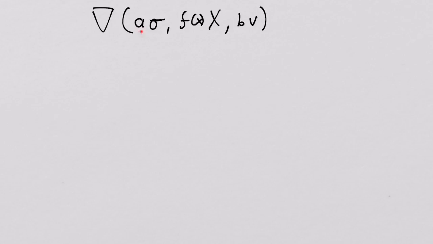So, well, what is this actually going to be? I mean, can we work this out? Well, we're expecting it to be f of x, f of space-time, b times del, oops, not f, sigma x v, right, times the covariant derivative applied to all those three things.